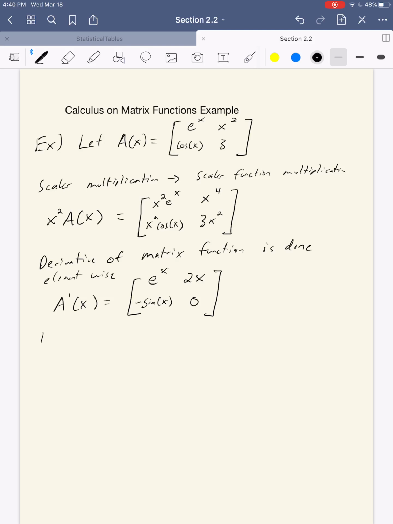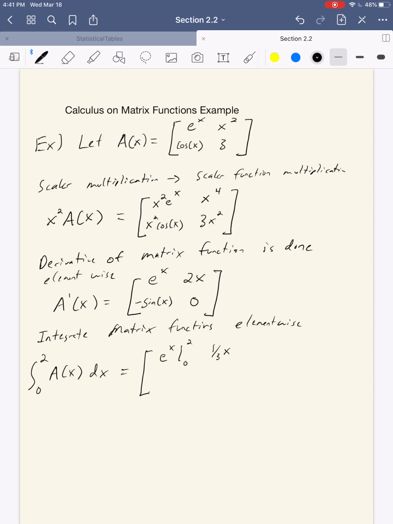You can also integrate matrix functions element-wise as well. So if we did some definite integral from 0 to 2 of A of x dx, what we would do is integrate each component. So we get e to the x evaluated from 0 to 2. We'd get 1/3 x cubed evaluated from 0 to 2.